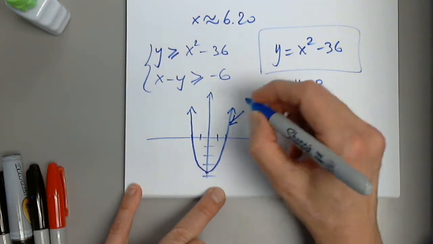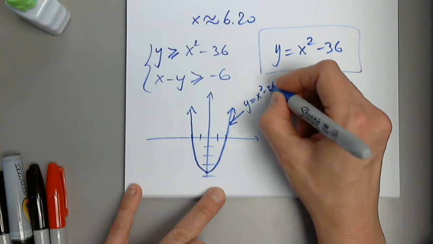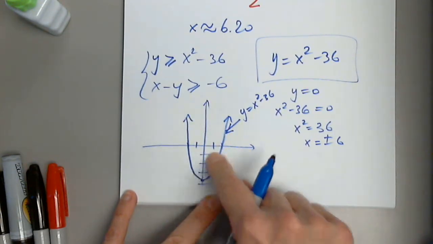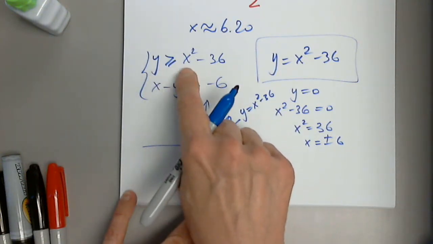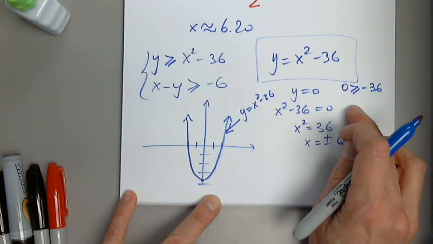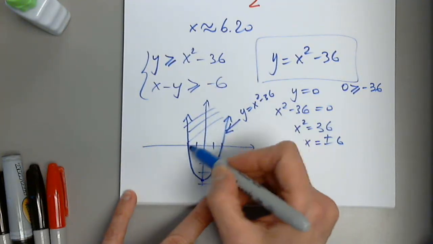So this is y equals x squared minus 36. This is not the inequality. I will use the origin to check the inside, 0, 0. Is 0 greater than or equal to negative 36? Yes. So I will have to shade in the inside.